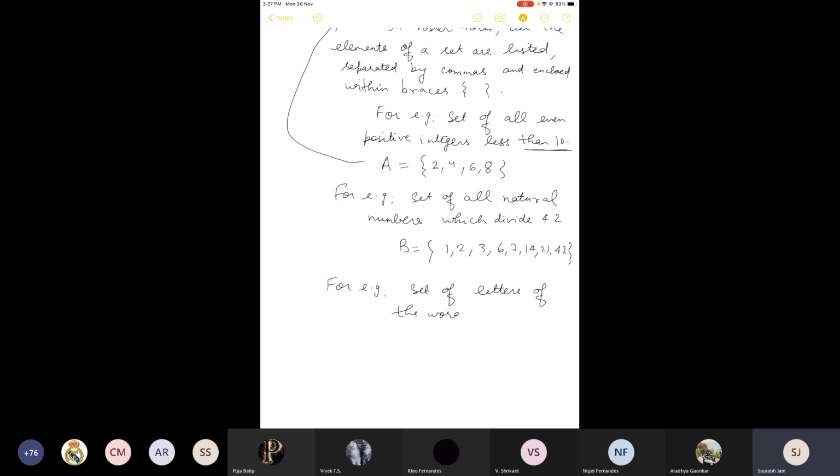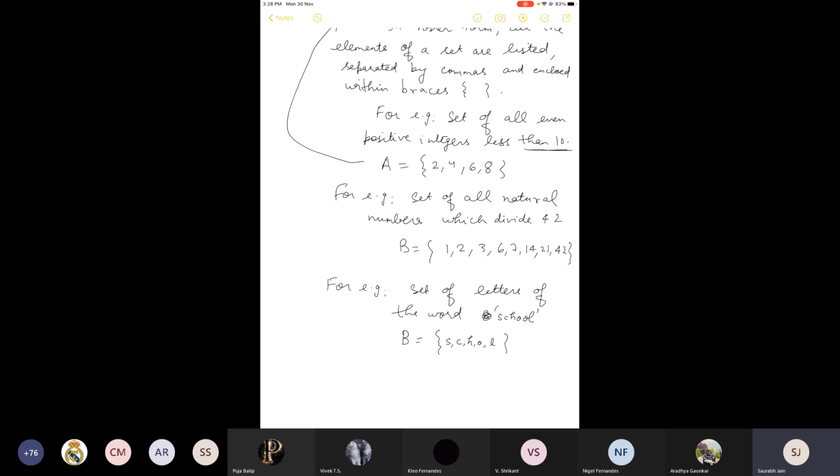Let me name it, let's say B only or C, whatever. I have to write the elements. What are the objects? Letters of the word are the objects. So I'm going to write it: it is S first, then C, then H, then O, then L.